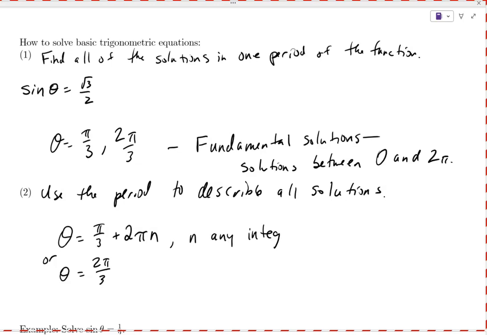A lot of times we'll just write the little disclaimer on the end that n can be any integer. Again, sometimes you might see it represented with a k rather than an n. Doesn't matter what letter you use to represent it. The important part is that this letter, whatever it happens to be, represents an integer.